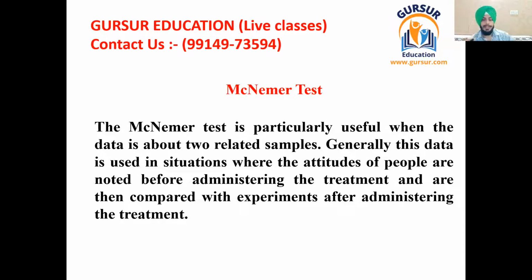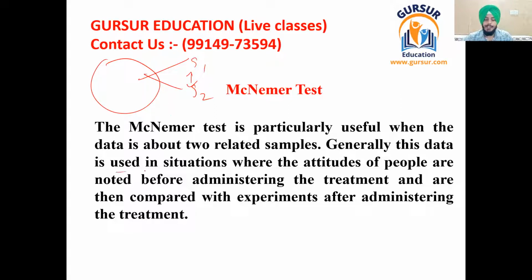Now this is McNemar's test, the second one. It tells you that the McNemar test is useful when data is about two related samples. This is a complete population, this is sample 1, this is sample 2, and they relate to each other in some respect.